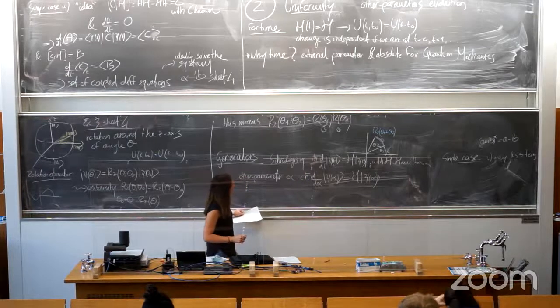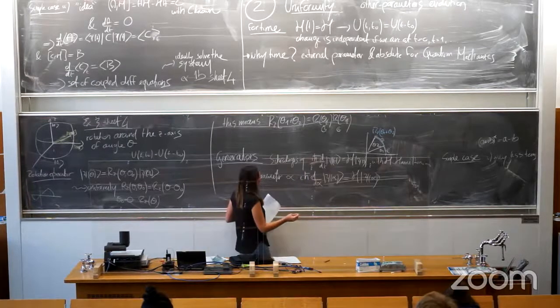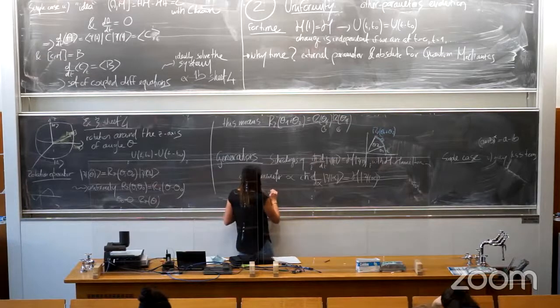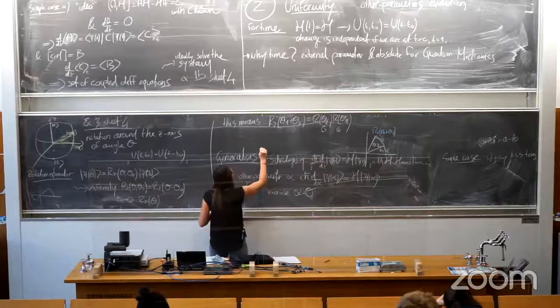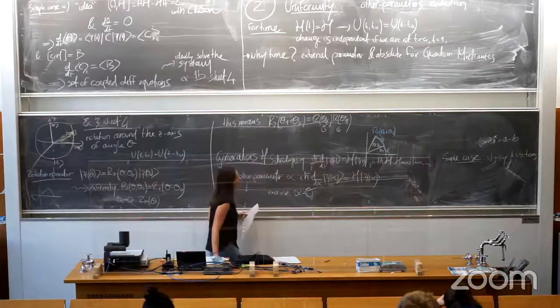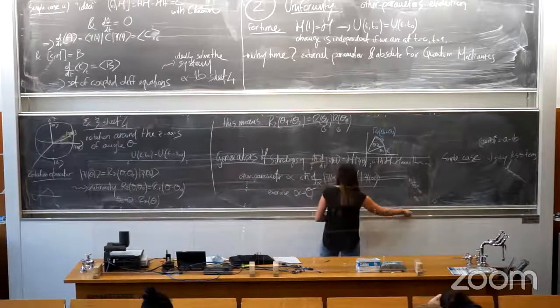And this means, yeah, in the exercise, alpha is our angle theta. And the question is, the generators are this H. The question is, what is my H?